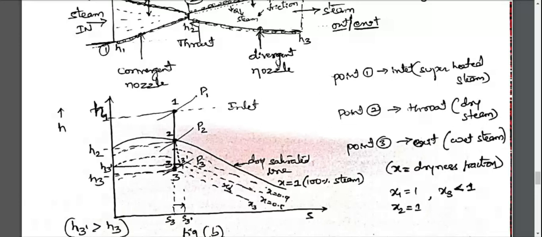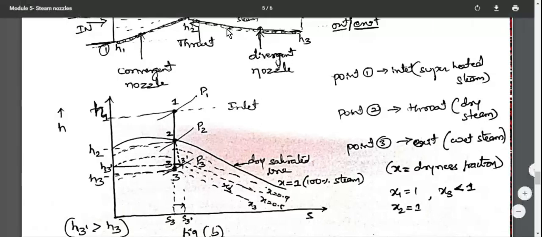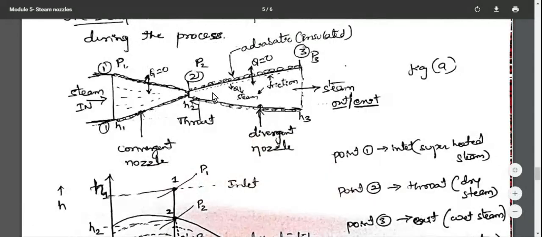So the addition of heat generated by the friction not only increases the enthalpy, it also increases the dryness fraction of the steam, because you are adding heat. For example, let us consider the temperature of the steam in the diverging nozzle is approximately 210 degrees Celsius. Due to friction, heat Q is generated.